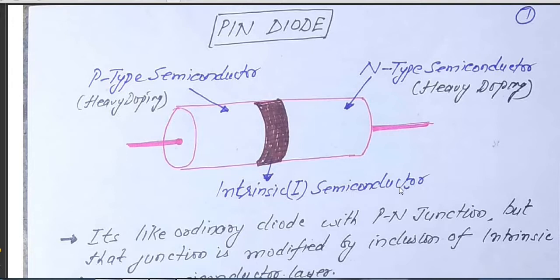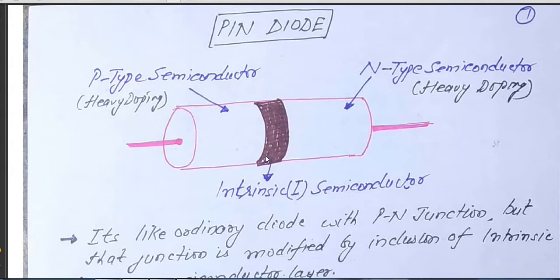This is why we say it is a PIN: P for the p-type, I for the intrinsic, and N for the n-type semiconductor. So we can say it's like an ordinary diode with a PN junction, but that junction is modified by the inclusion of an intrinsic I-type semiconductor layer.